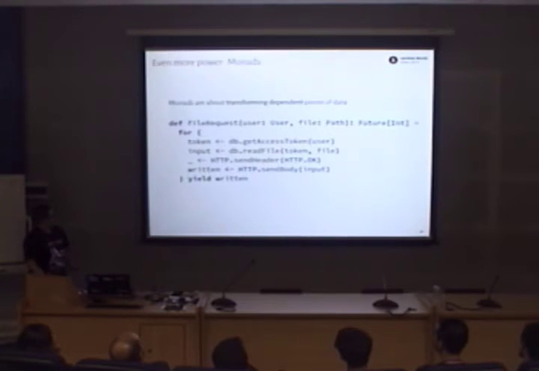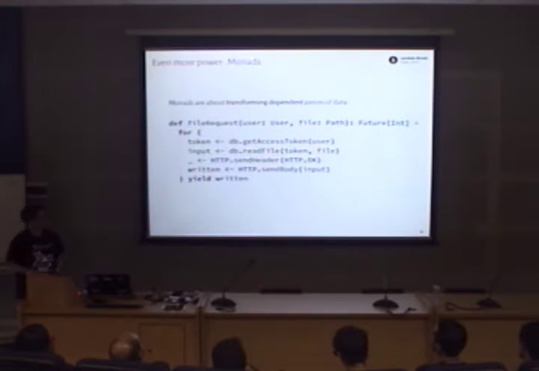So this is probably code you have seen before or have written before. So you have, deep down in the business logic of your application, a user who comes along and wants a file, right? So first you have to ask the database, okay, is this user even allowed to read this file?